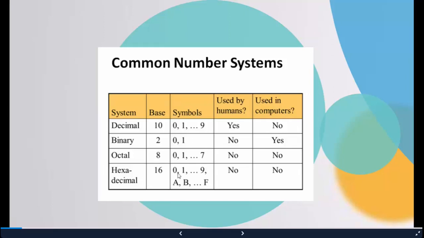And then hexadecimal is 0 to 9, but there's no 10 anymore because 10 stands for A, 11 stands for B, 12 stands for C, 13 stands for D, 14 stands for E, and 15 stands for F. So A is 10, B is 11, and so on up to F only.